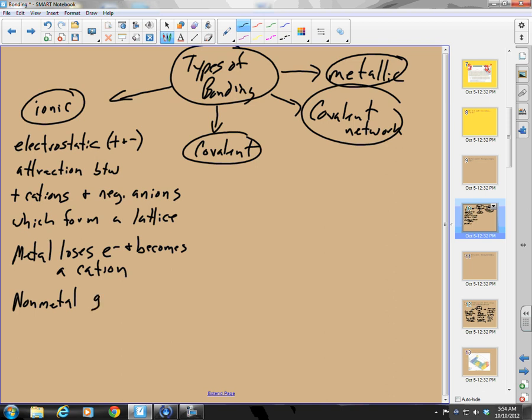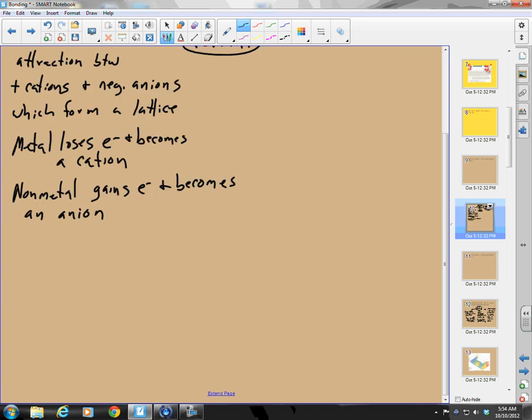A nonmetal gains electrons, and when it gains an electron, that means it's gaining negative charge, and so it becomes an anion. And then what do you know about positives and negatives? The cation and anions, since they're oppositely charged, attract each other and form the lattice.